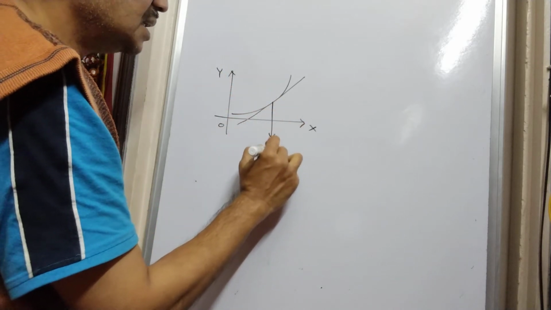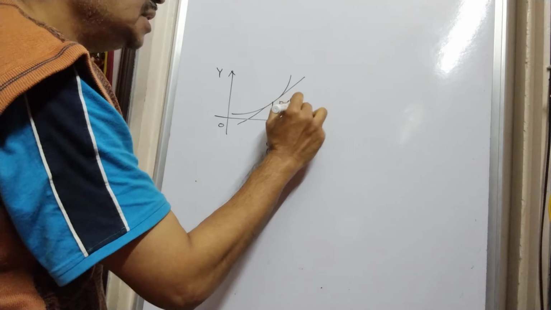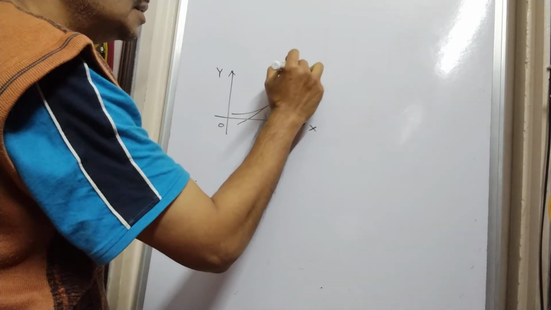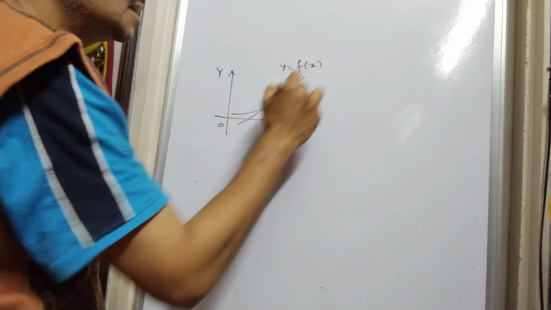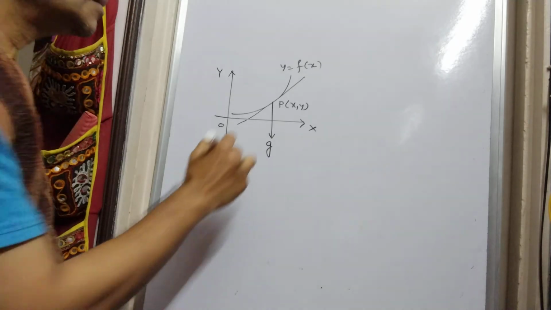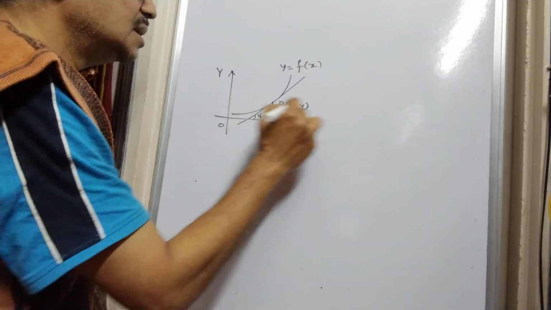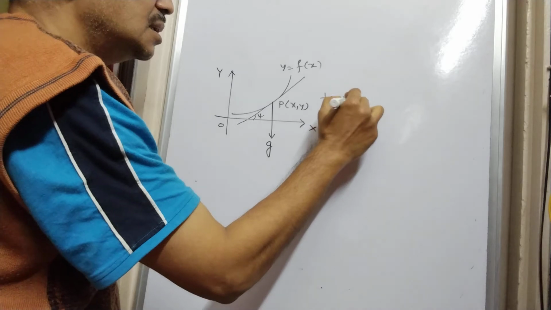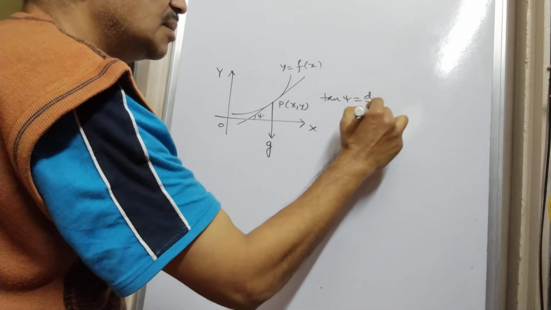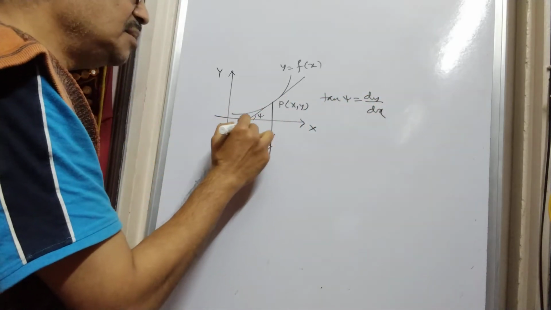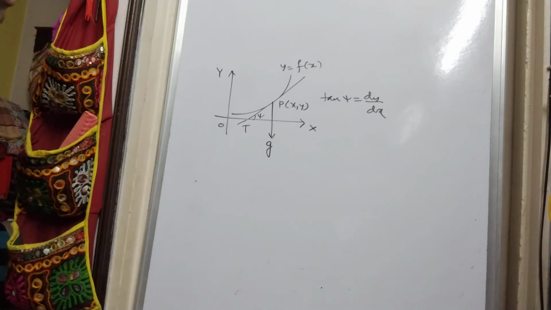The weight of the particle at the point P(x, y), locus point of the curve y equal to f(x), acts downwards, and we assume tan psi equals dy/dx. That is, we have assumed that the tangent at P makes an angle psi with the x-axis.